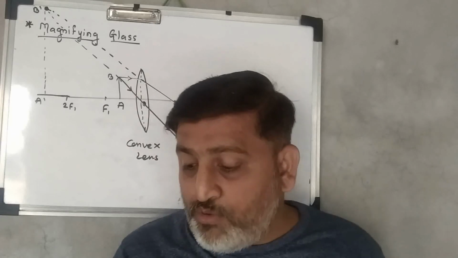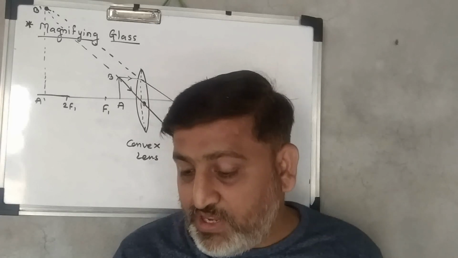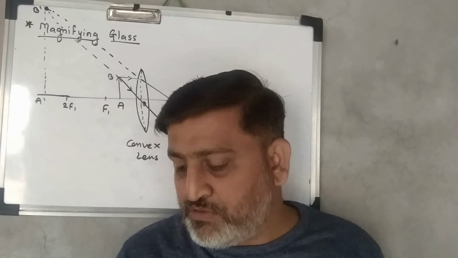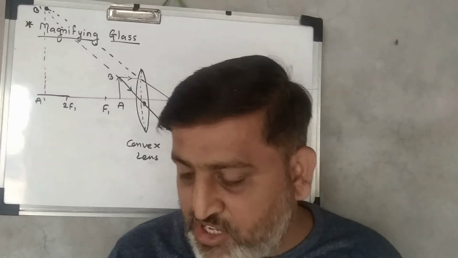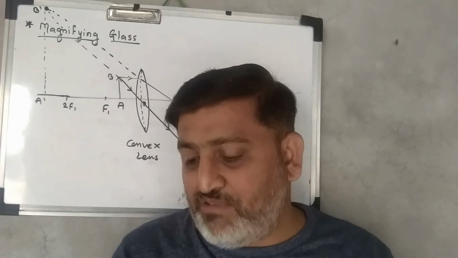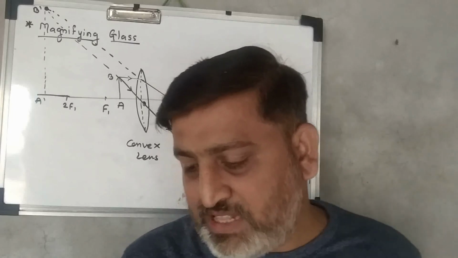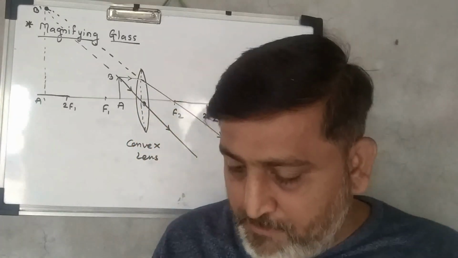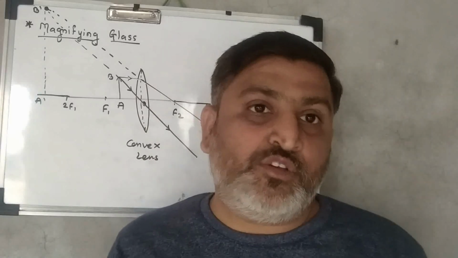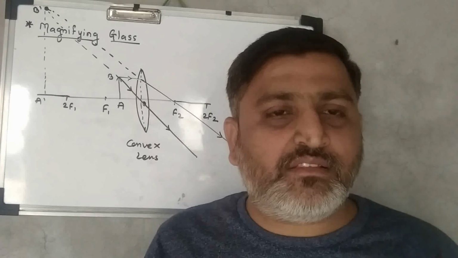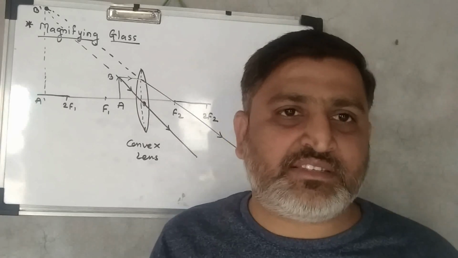A concave lens is used as an objective lens in the Galilean telescope, as I just told you, and a single convex lens usually forms a colored or blurred image due to chromatic aberration. Therefore a combination of concave lens with a convex lens is used to overcome this defect of blurring. Okay, so these are the uses of lenses. So these uses, and the magnifying glass in this exercise, are important.